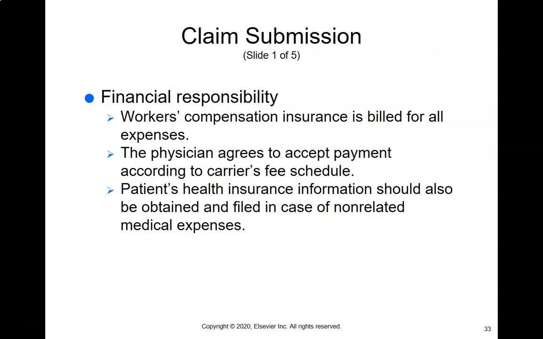The patient's health insurance information should also be obtained and filed in case of a non-related medical expense. A non-related medical expense could be, for example, high blood pressure. In this case, that portion of the exam becomes a financial obligation of the patient or the patient's private insurance plan.